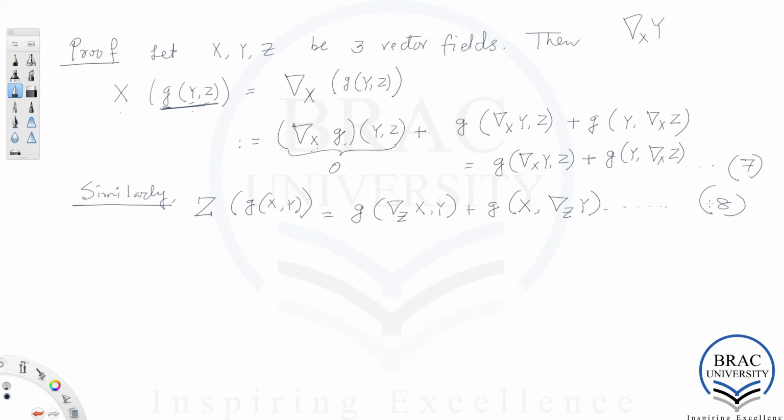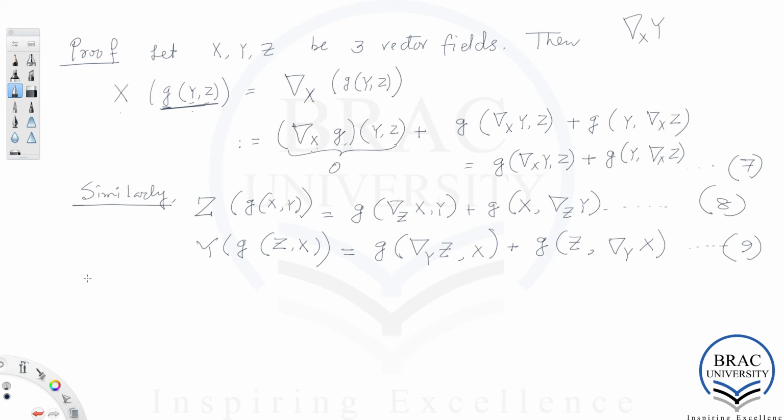And finally we have y(g(z, x)) equal to g(nabla_y z, x) plus g(z, nabla_y x). This is our equation number 9.